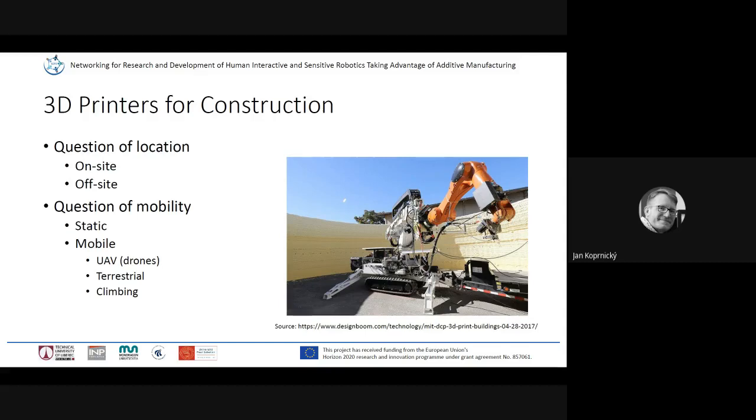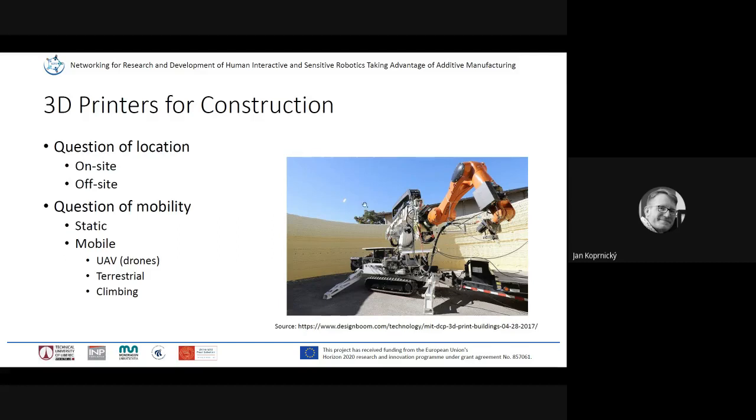It's the output of a PhD thesis from MIT, from Dr. Keating, and he and his colleagues designed this mobile platform with several arms.